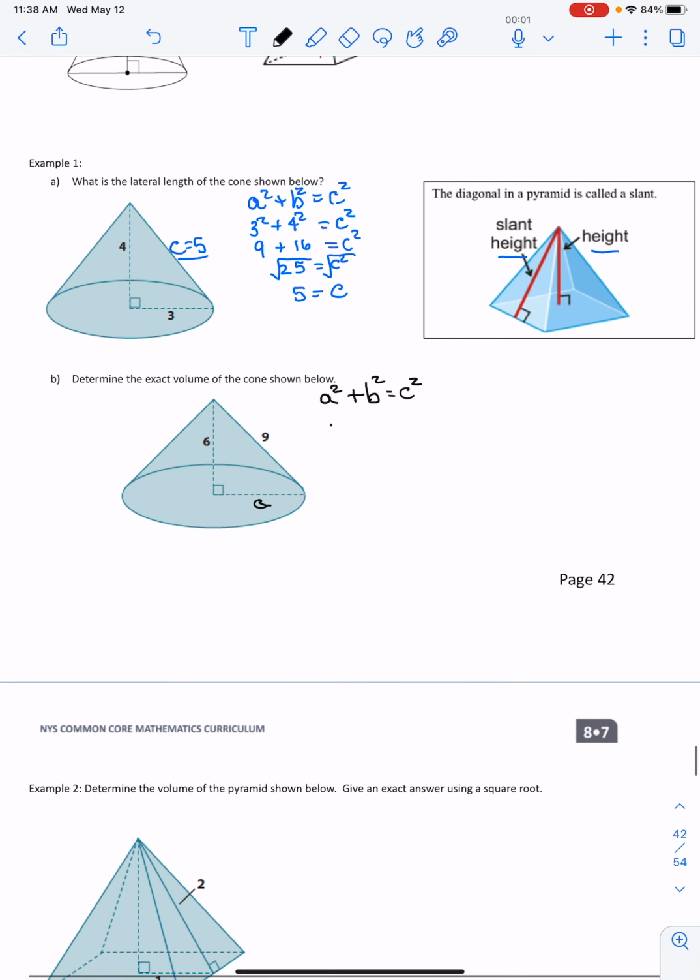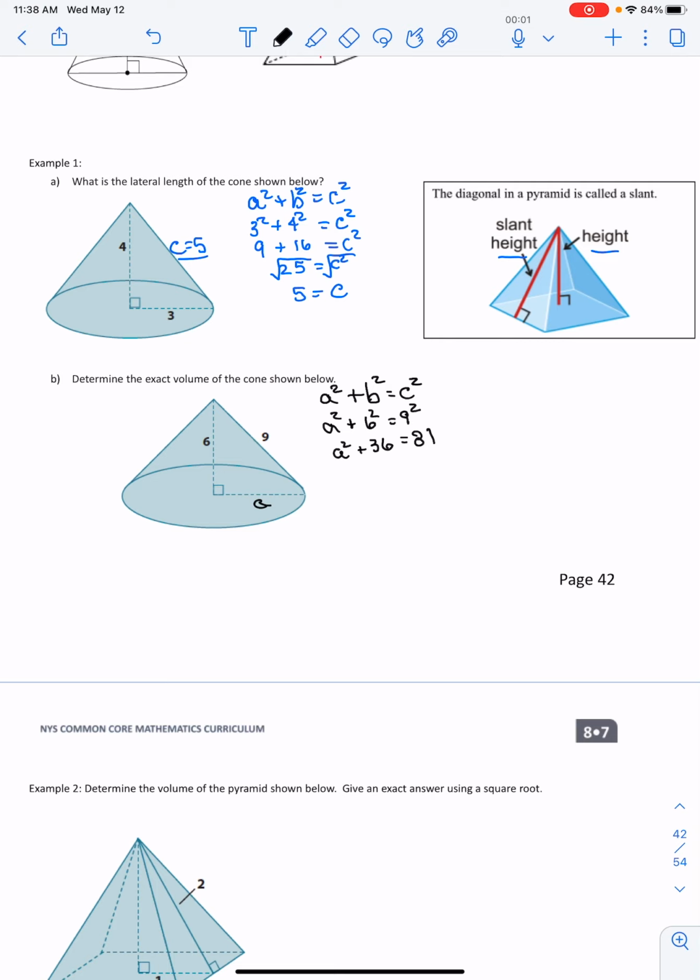So here we've got a squared plus 6 squared equals 9 squared. So here, now I have a squared plus 36 equals 81.